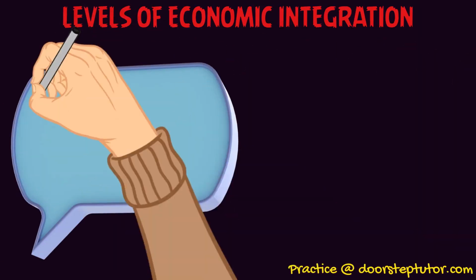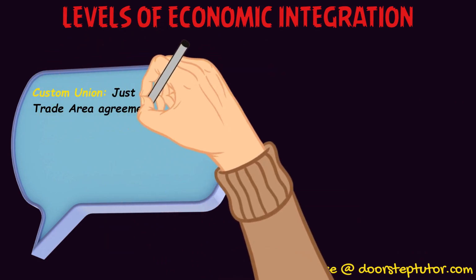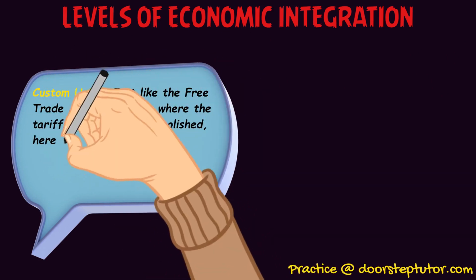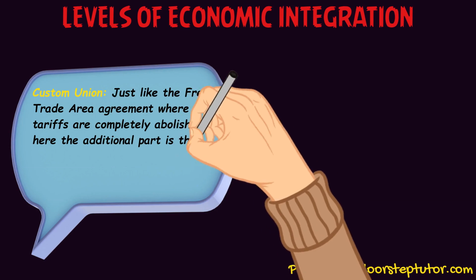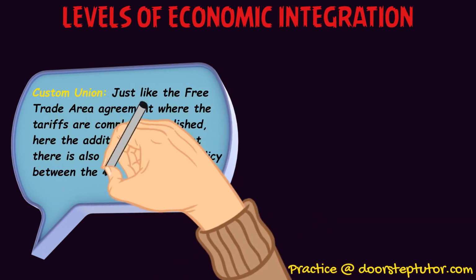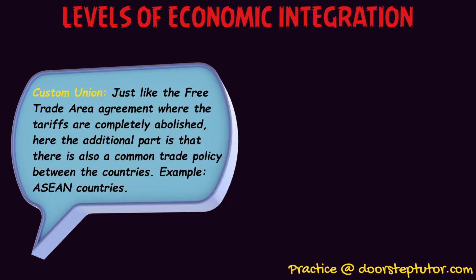Then the other one is custom union. Custom union basically is just like a free trade area wherein you have all the tariffs being abolished or removed. But apart from this, there is an additional part that there's a common trade policy between the countries. Okay, there's a common trade policy.